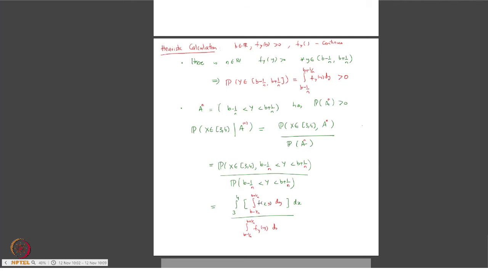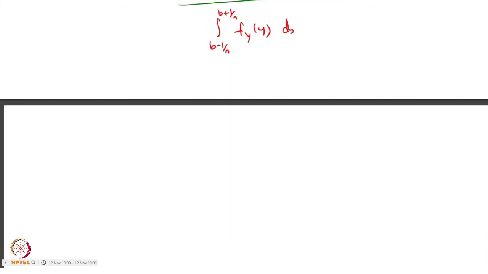Now what happens as n goes to infinity? Let's do that. As n goes to infinity, the first thing observed is that A super n, which is the event b minus 1 over n less than y less than b plus 1 over n, will converge to the event y equal to b.